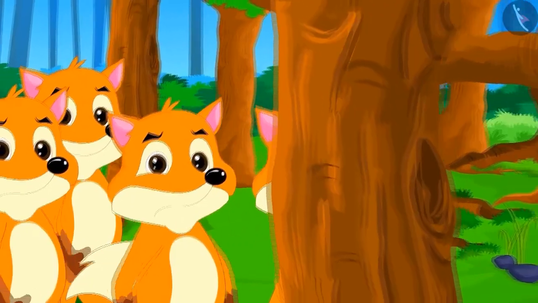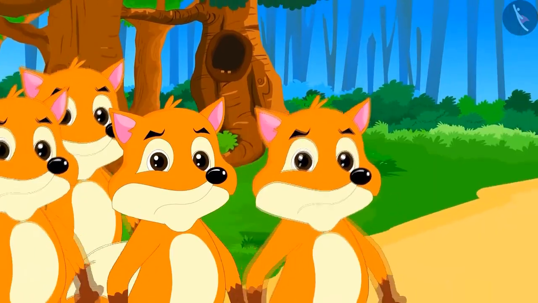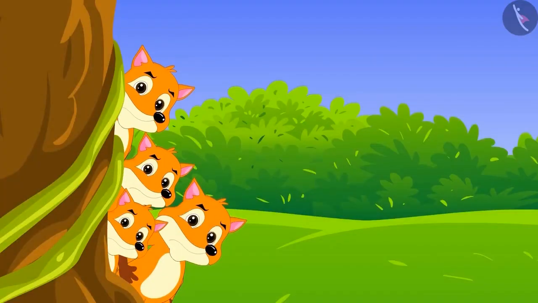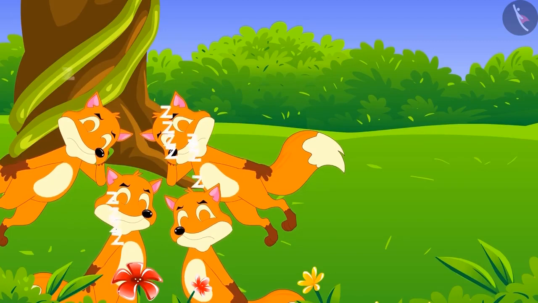The next day, the wolf came there with 3 of his friends. This time, the wolves looked behind the tree, but they could not see the ants there. Waiting for the ants, the wolves fell asleep under the tree.